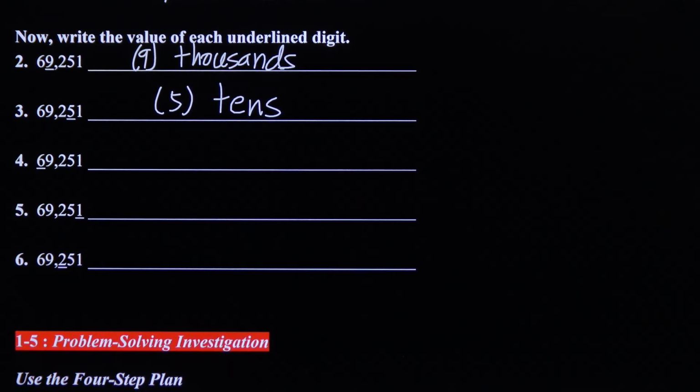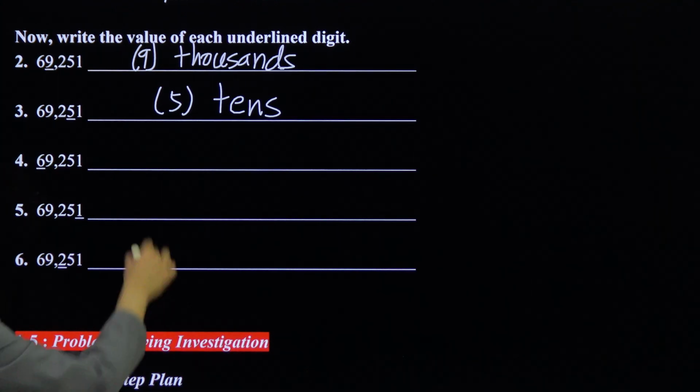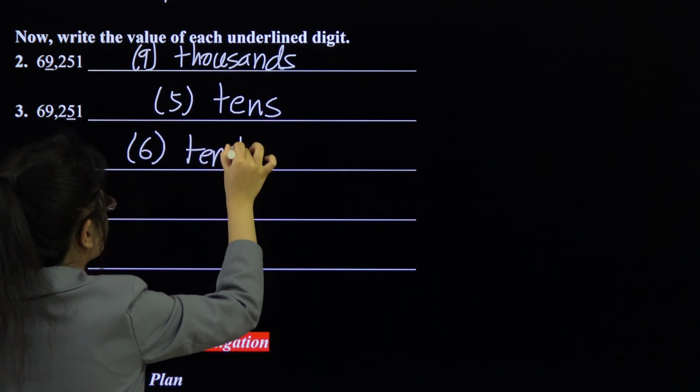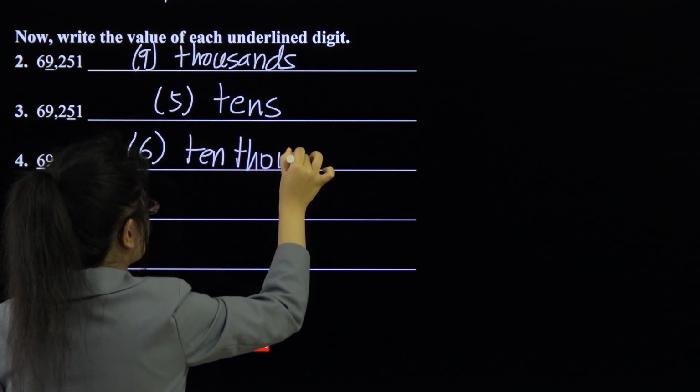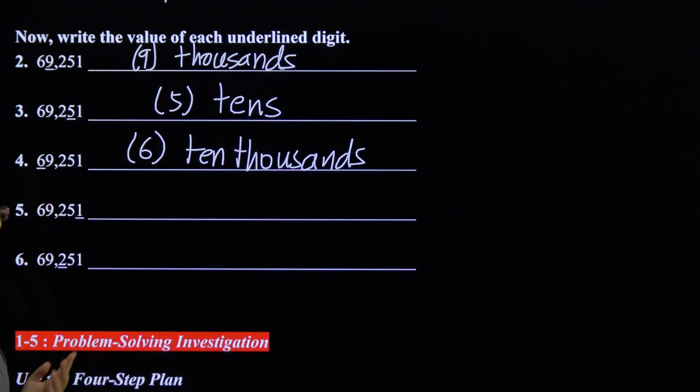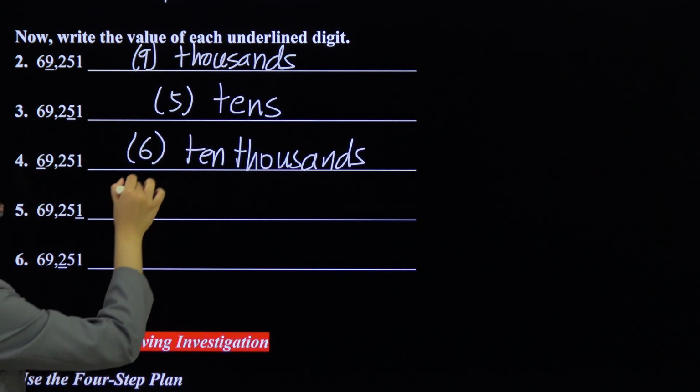Question number 4, the number underlined is a 6 in the 10,000s place. So that'd be 6 10,000s. And for question number 5, the underlined digit is in the ones place, and it's 1.